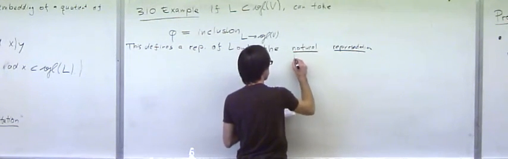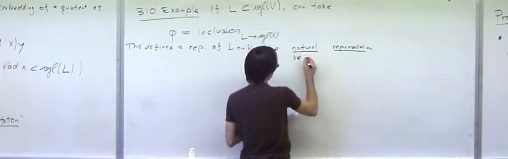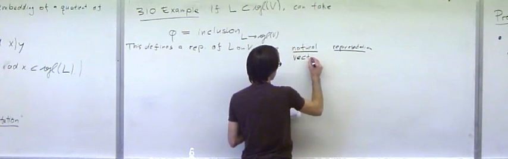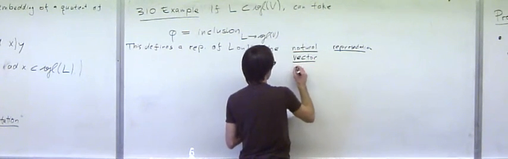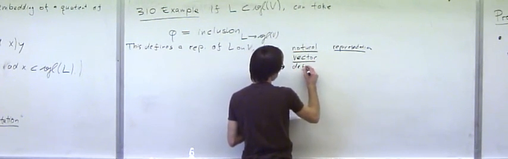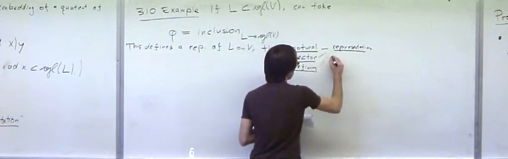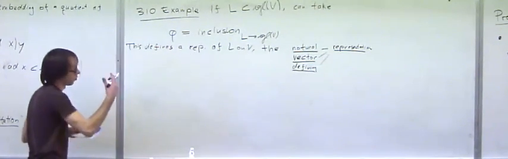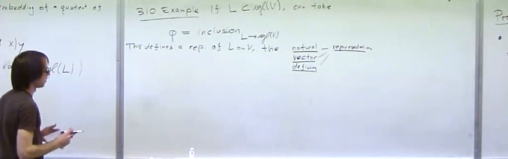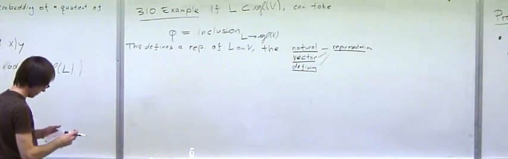Also, names I heard in other places are vector representation or the defining representation. Anyway, so this is a more basic example, but still another example.